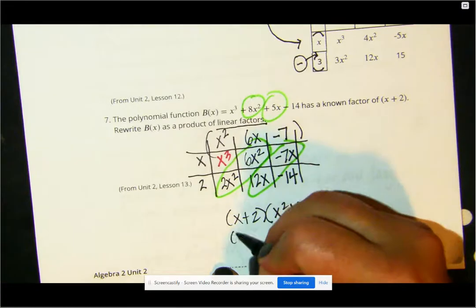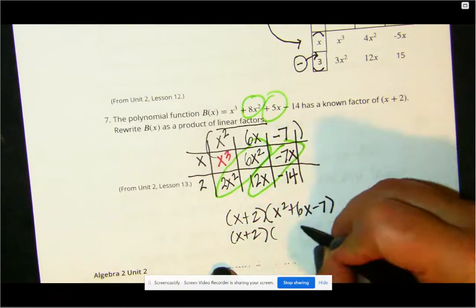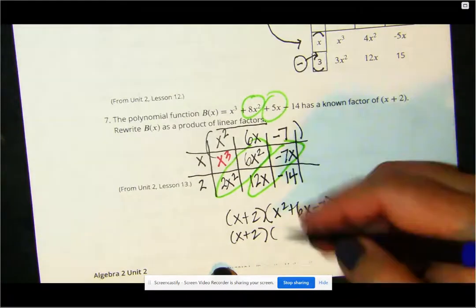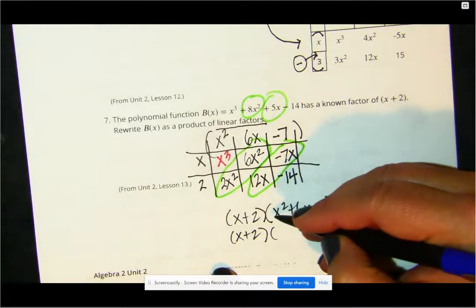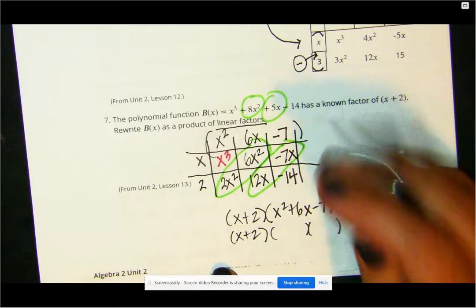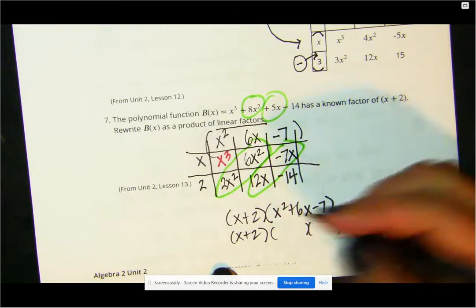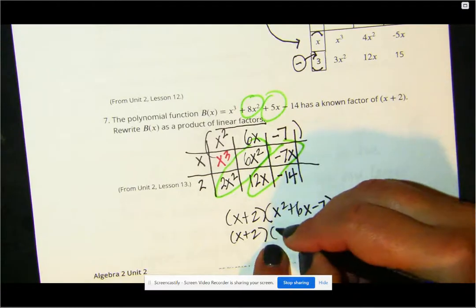So you can either do the box, or hopefully, if you've been doing the homework and the activities we've been doing in class, we've found out that when it is just a 1 in front of the x squared, the two numbers that go in here are those two numbers that you use to solve your puzzle, right? You know this has to be x and x.